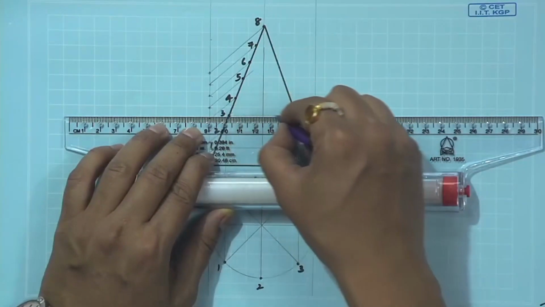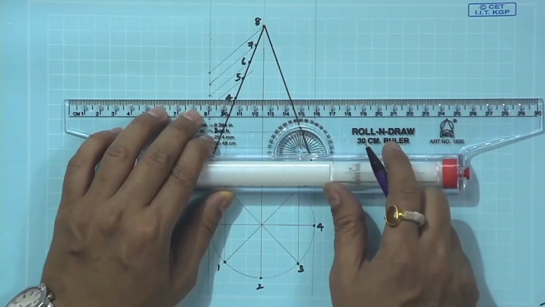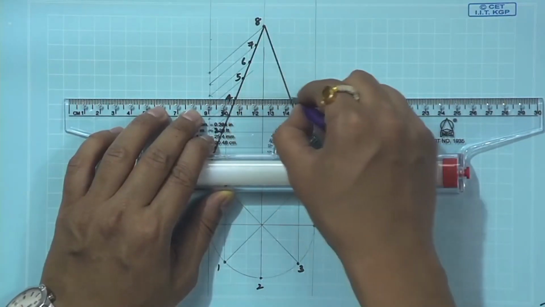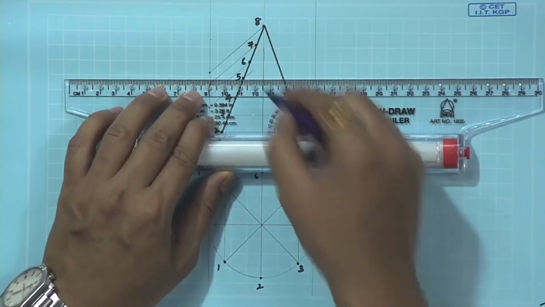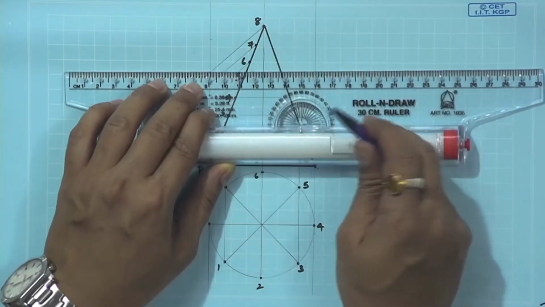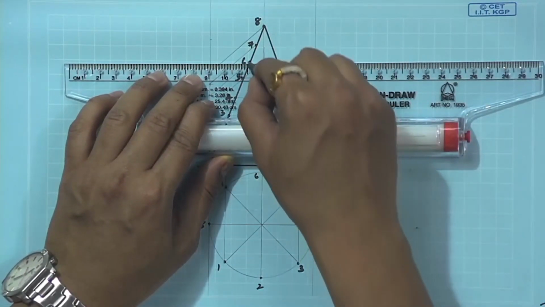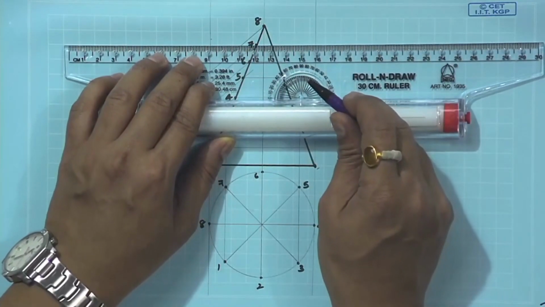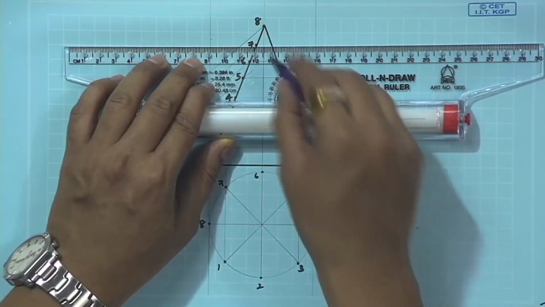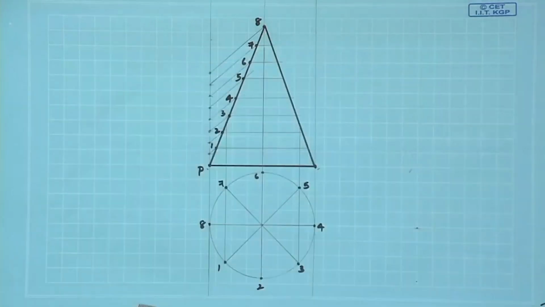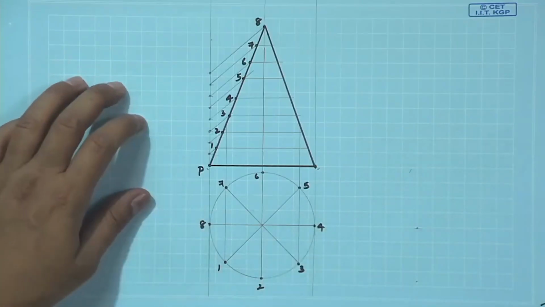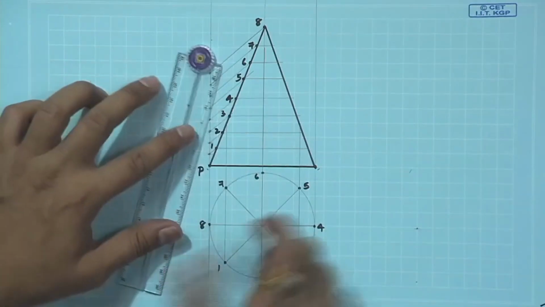So, these are the lines which are going to intersect the generatrix. Now, locate the intersection points for this generatrix.